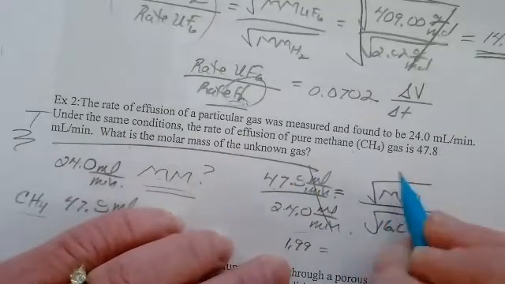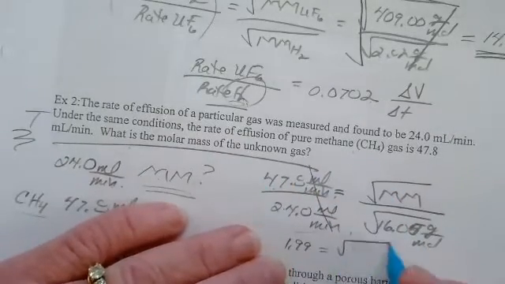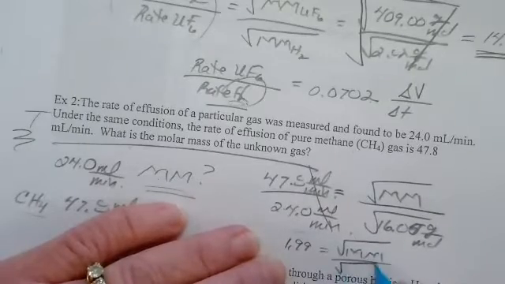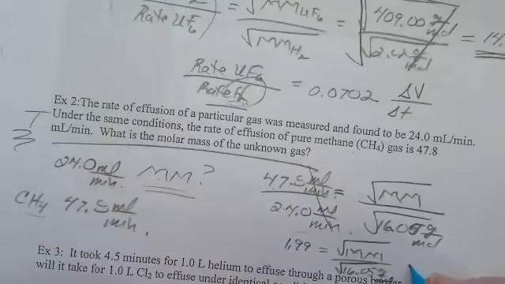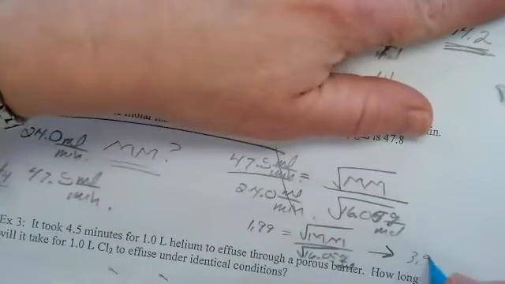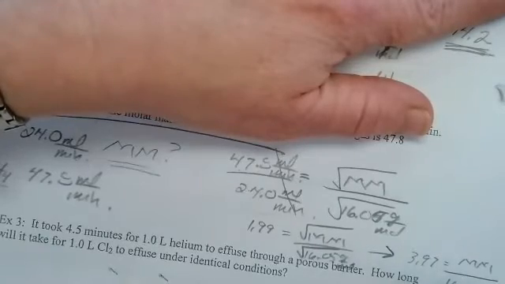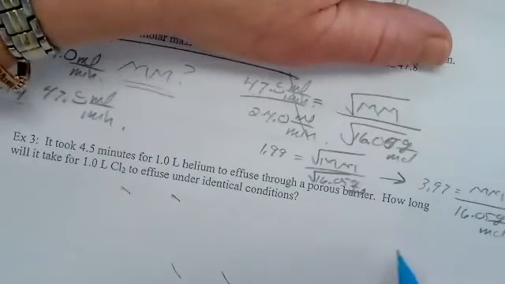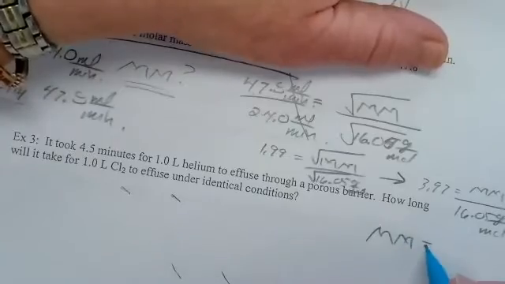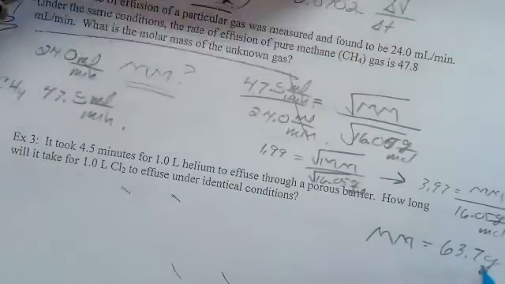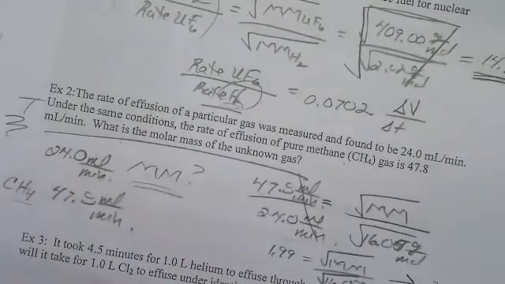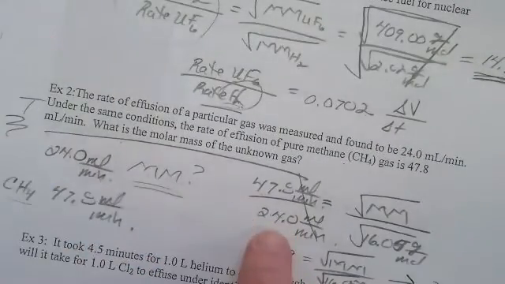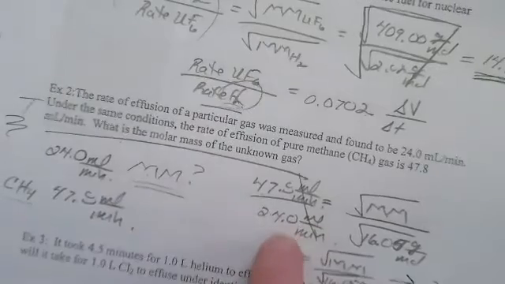And then if we square both sides, then we get 3.97 is equal to the molar mass over 16.05 gram per mole, and then multiply both sides. And so our molar mass is 63.7 gram per mole. And again, larger than methane, which makes sense because it's moving, passing out of that single hole a lot slower.